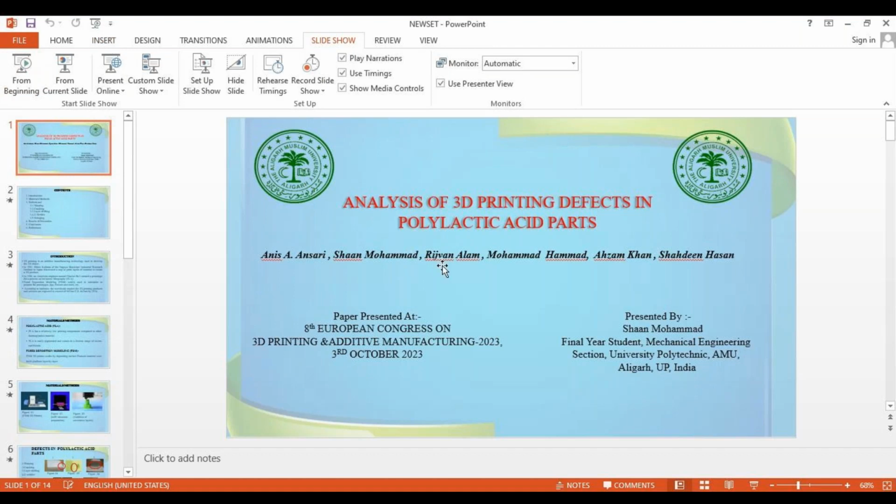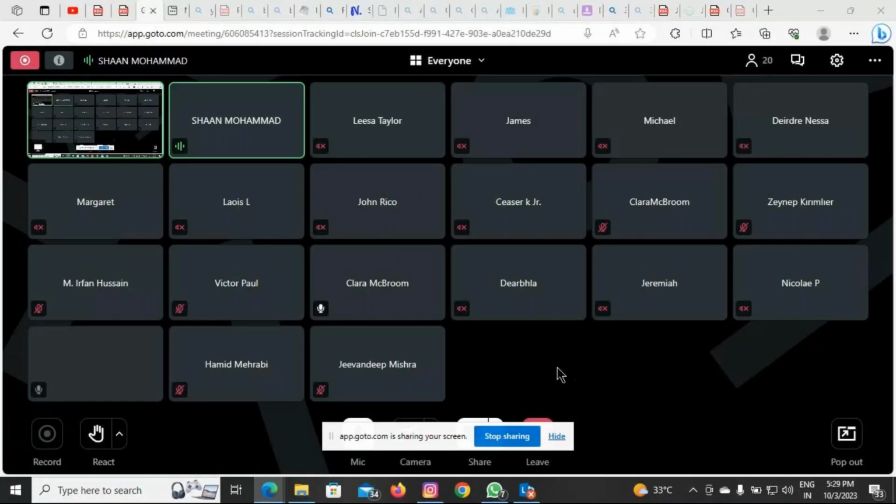Can you please go to the GoToMeeting app and unshare and reshare with the entire screen, so we are able to see your full screen? I think you have selected only the application, so we are unable to see your presentation mode. Now your screen is shared.